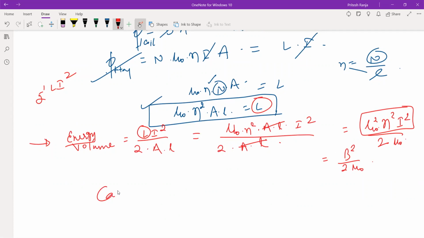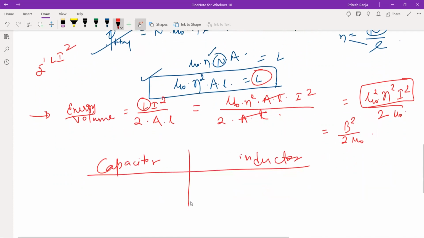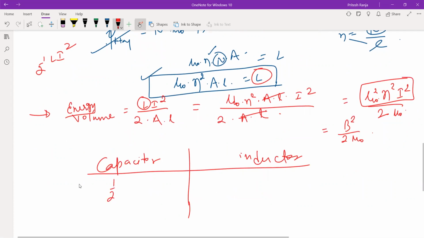So if you observe the capacitor and inductor, if I relate, what was the energy stored per unit volume? It was half epsilon naught E square. Right? This was the energy stored per unit volume in the capacitor, considering the electric field. In an inductor, what is the energy stored per unit volume?